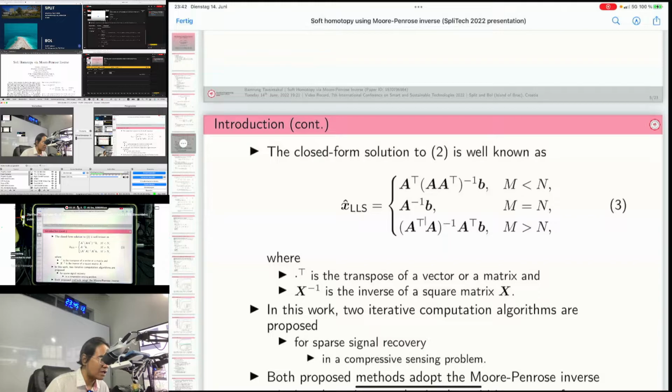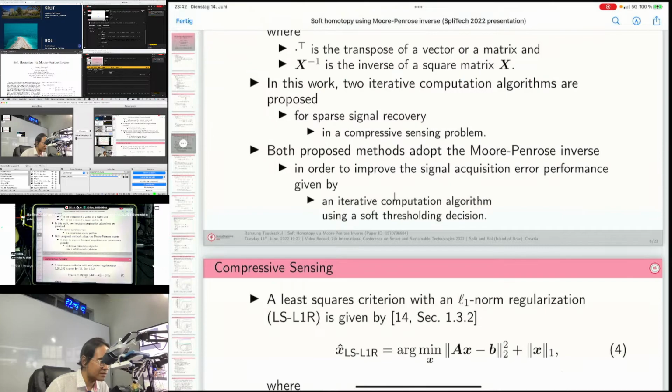In this work, we propose two methods for sparse signal recovery. The proposed methods make use of the Moore-Penrose inverse, and it is an iterative computation algorithm using the soft thresholding criteria.